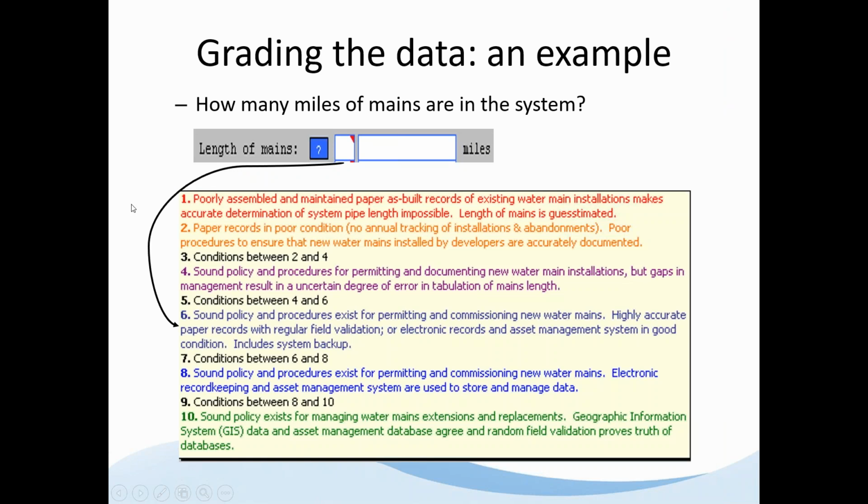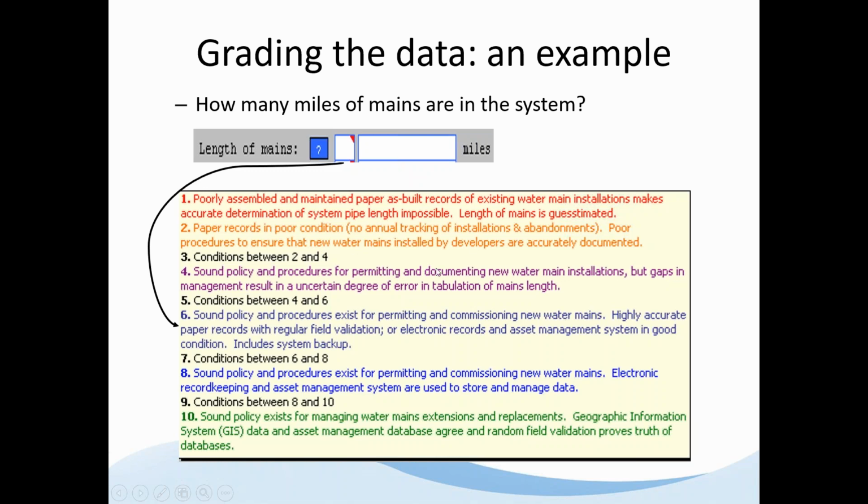You can see here we rate it from 1 to 10, and if you don't have a sound policy, you need to be marking things with a 4 or less. If you don't have procedures to document or do this kind of information, this is what you need to do.